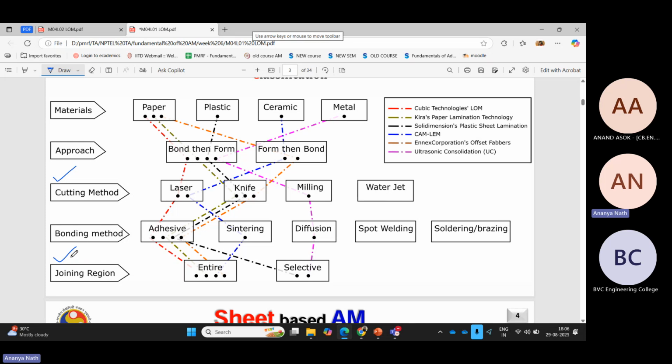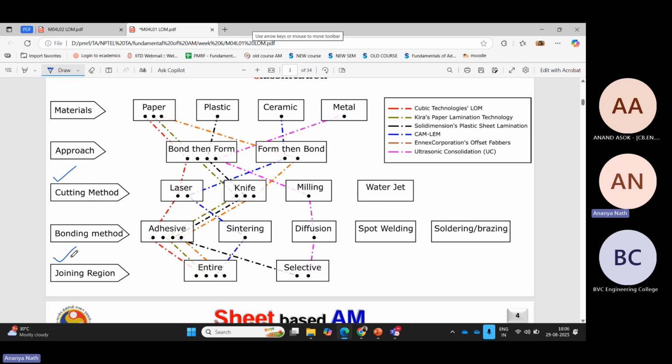In any other AM process, we do not fuse any part other than the selective area. If you talk about liquid AM, metal AM, fused deposition modeling, or any metal jetting, binder jetting, we are concerned only about the region where we want to print, where the part is placed.